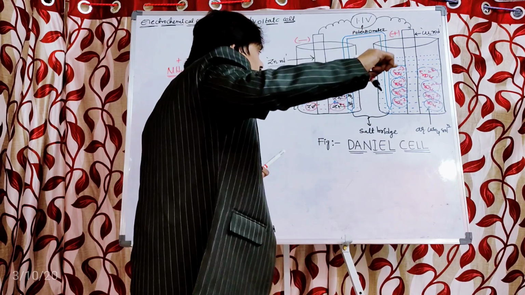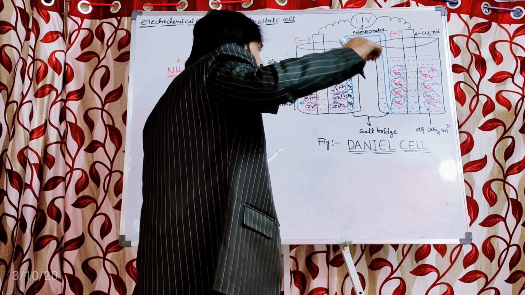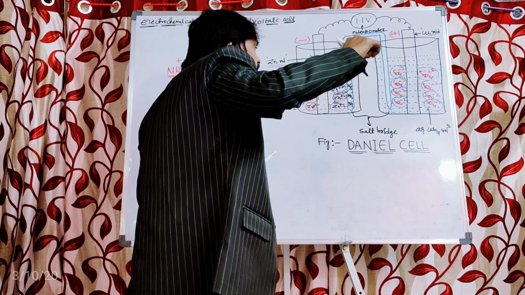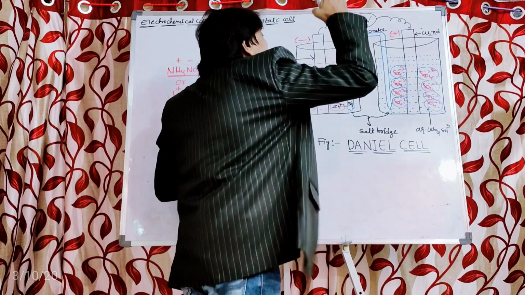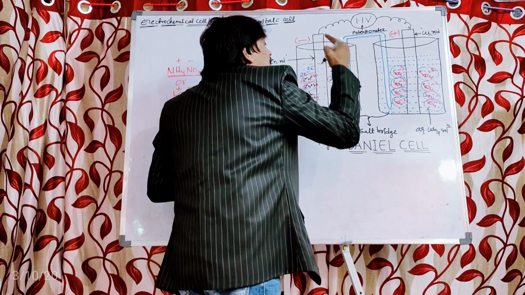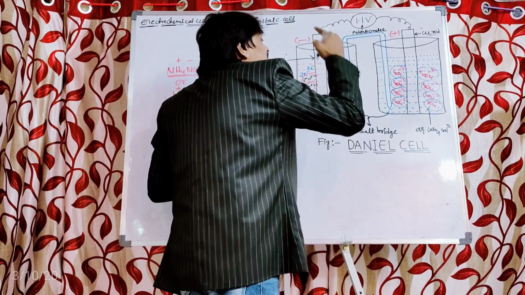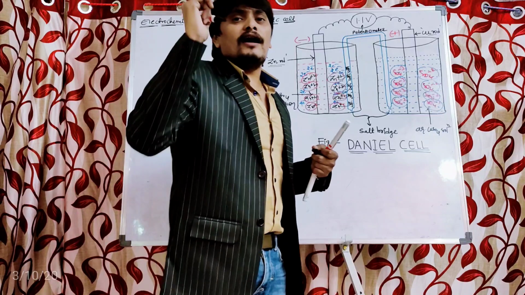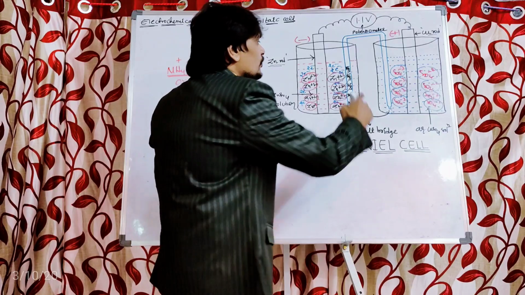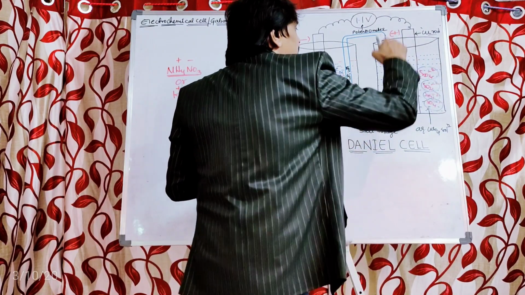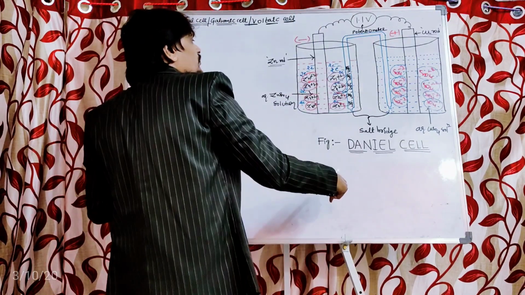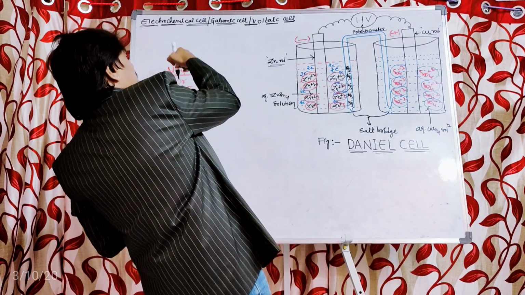Whatever excess Zn+2 ions were behaving like a barrier for the free flow of electrons are neutralized by the nitrate ions, which are the anions of the salt bridge, a part of the ammonium nitrate salt held together with the help of agar gel. In a similar fashion, in order to neutralize the sulfate ions which became the barrier in the copper sulfate solution, which ions are present in the salt bridge, students?